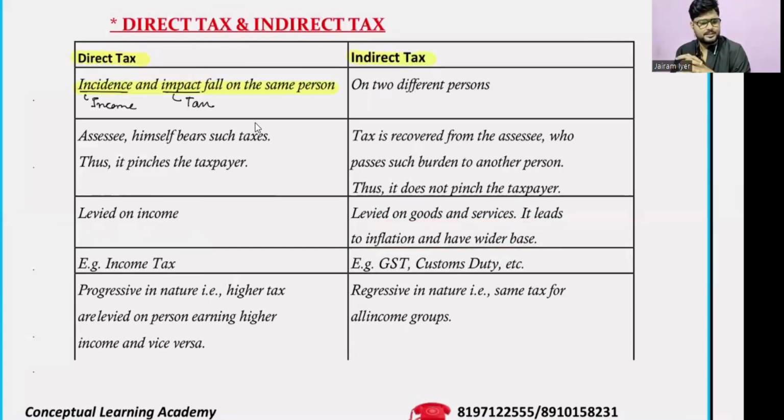What actually is inflation? Inflation is a situation where our market prices start increasing, meaning the cost of the product starts increasing. Why? Because the more amount of tax you pay, the more the price rises. What I mean to say is, suppose an article is of 10 rupees, and there is 1 rupee GST on it.